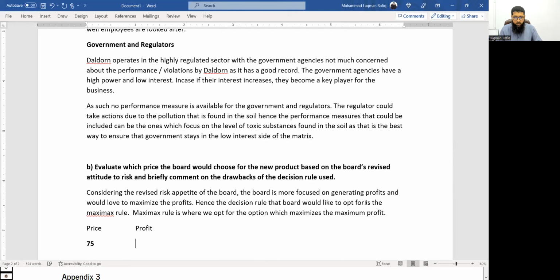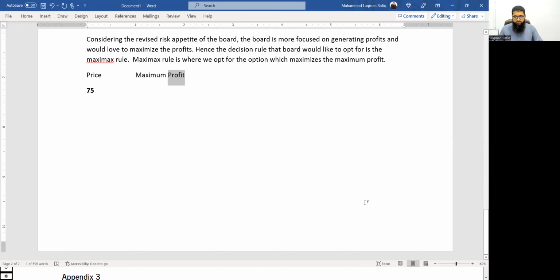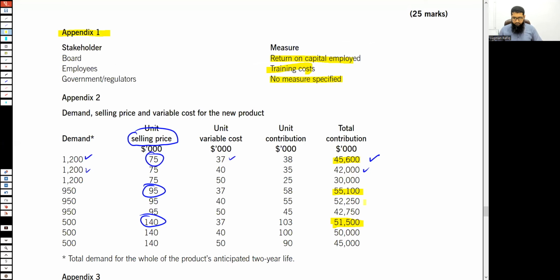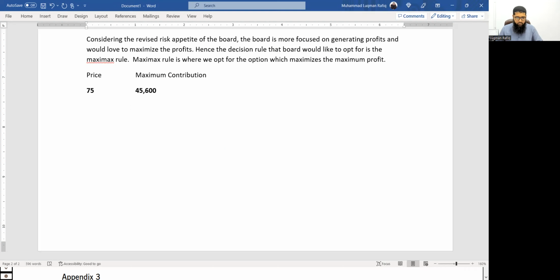75, or you could say maximum contribution. Then you have got 95, 55,100. And then you have got the third one, which is 140, and this is going to be 51,500, right?